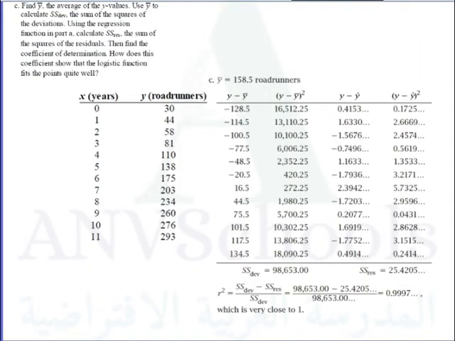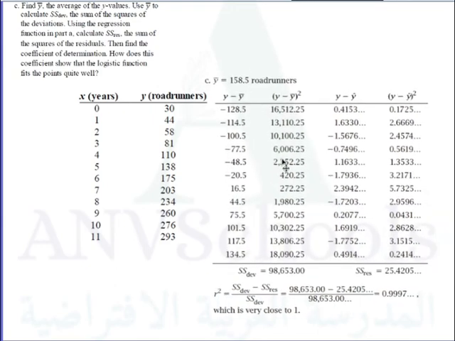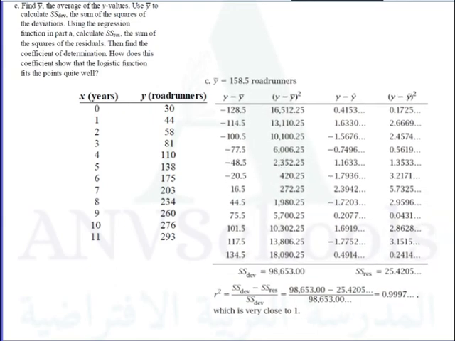Okay, so now I have the table for my road runners. So the mean here is 158.5 road runners. So y minus the mean, that means the deviation from the mean.